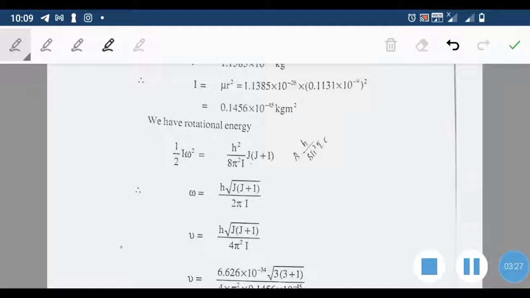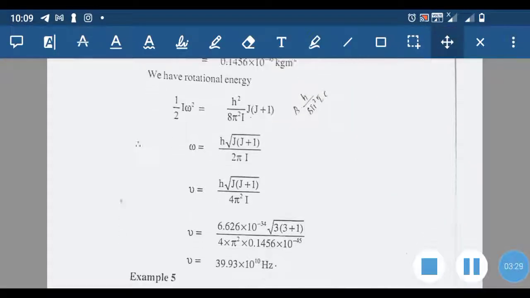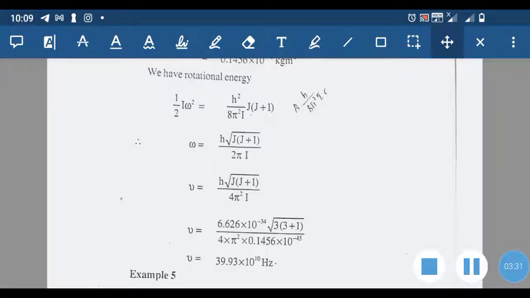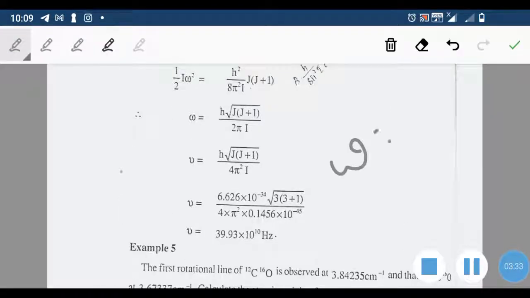So this angular frequency omega is 2 pi nu. Omega is equal to 2 pi nu. So nu we can calculate like this: this quantity whole divided by 2 pi. By dividing with 2 pi we get h into root of J into J plus 1 divided by 4 pi square I. Now substituting, all these quantities are given. J is given, the state 3.